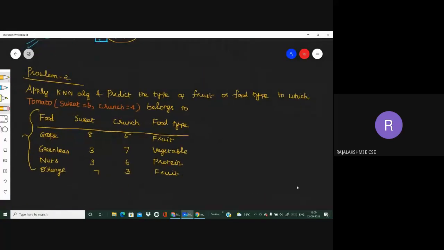Okay, let's go for one more problem. Apply the KNN algorithm and predict the type of fruit or food type to which tomato, sweet equal to 6, crunch equal to 4, belongs.